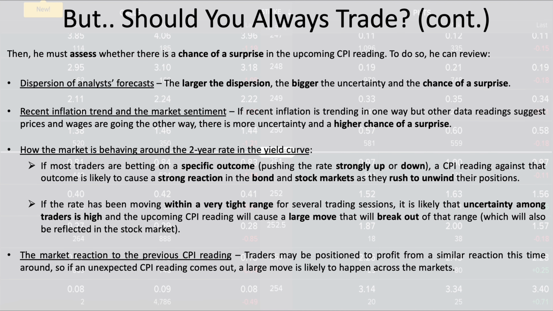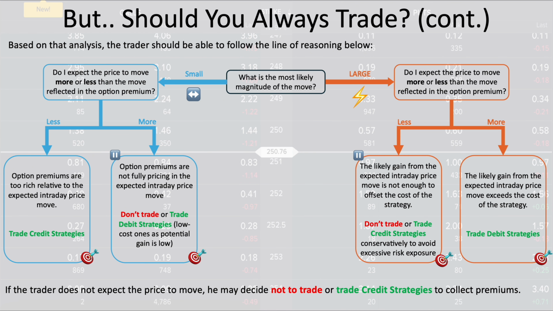This matters because, in the absence of better information, a similar reaction can happen if the data comes in likewise, on a surprise level or on an in-line level. These are all pieces of information that the trader can use to increase his level of confidence in the move.